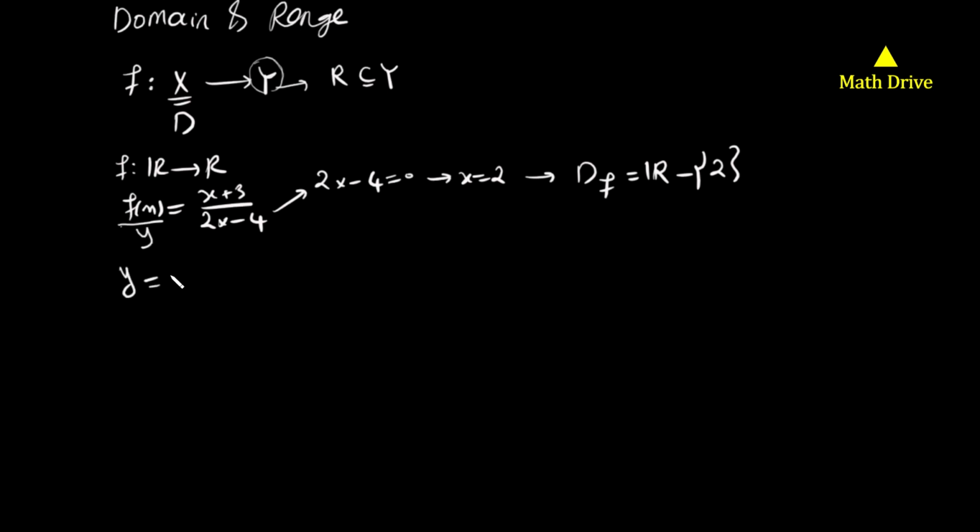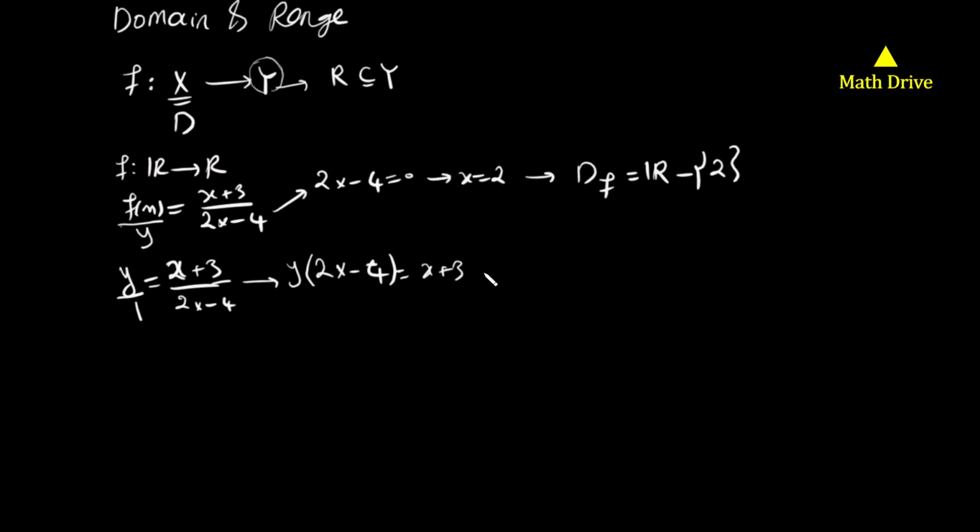So y = (x + 3) over (2x - 4). Now let's rewrite this function in respect to x, meaning cross-multiplying, top to bottom. So y times (2x - 4) is equal to x + 3.